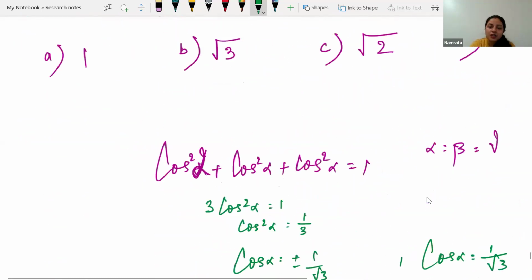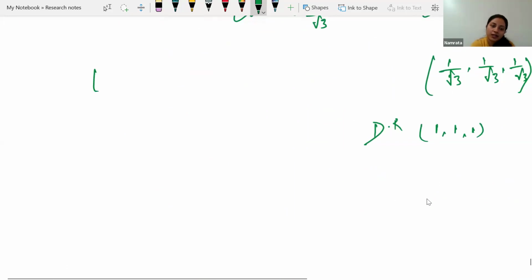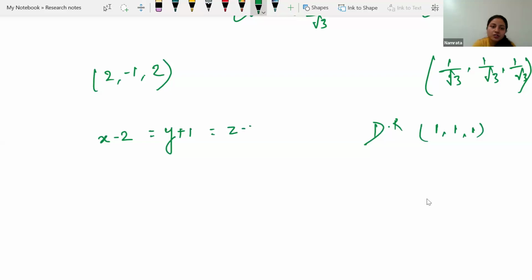So 2, minus 1, 2. So the equation of the line will look like (x minus x1) over 1, (y minus y1) over 1, (z minus z1) over 1, where we use the direction ratios, right?